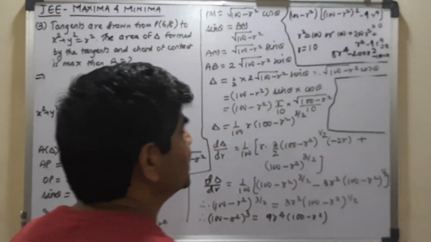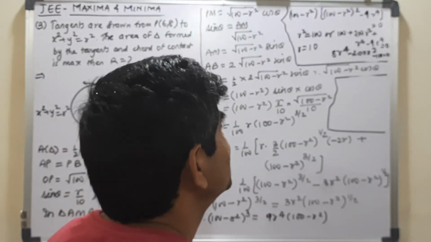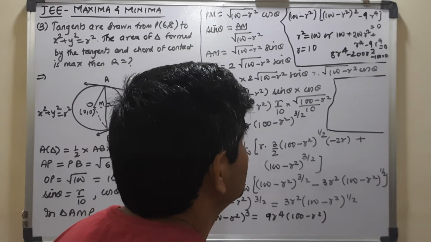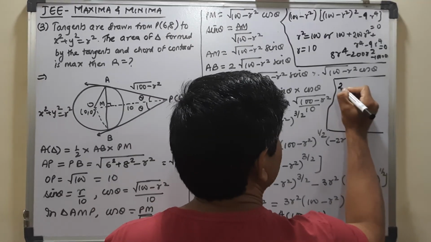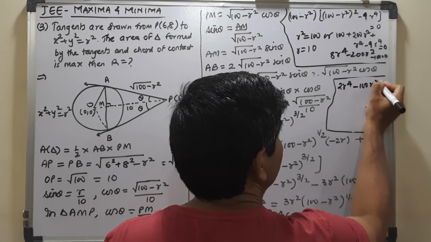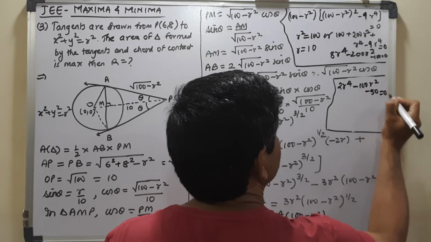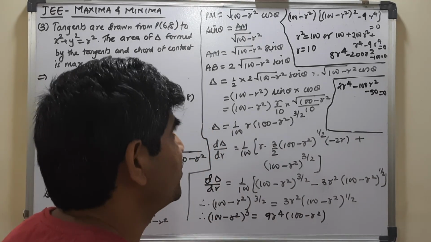So dividing 8 by 4, I get 2r raised to 4 minus 100r square minus 50 is equal to 0. Dividing by 4, I think.